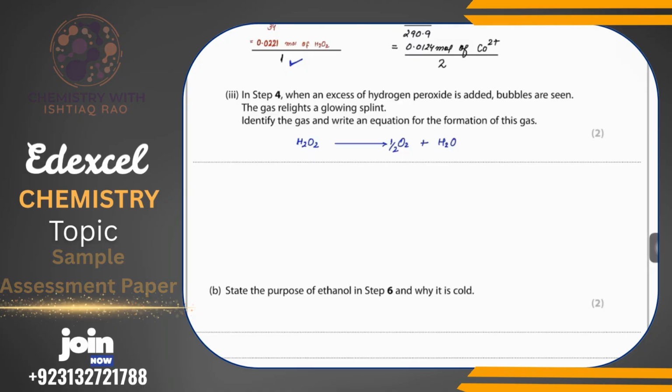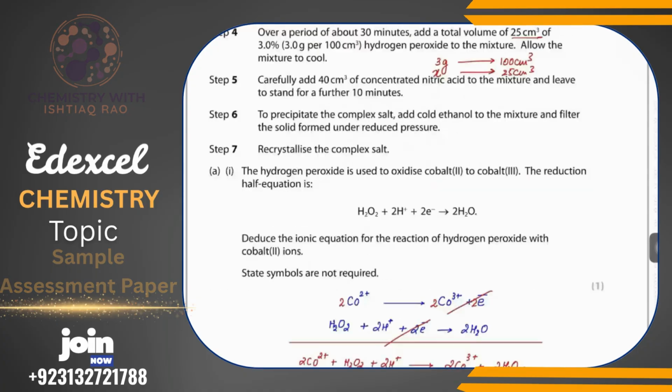State the purpose of ethanol in step 6 and why it is cold. Purpose of ethanol in step 6, cold ethanol: to remove the soluble impurities.